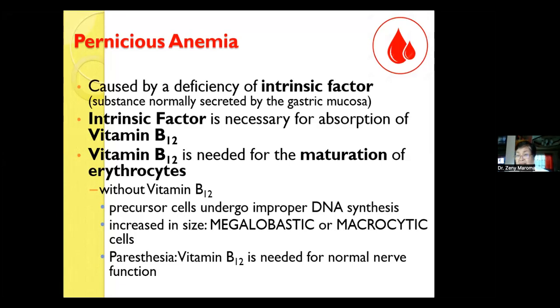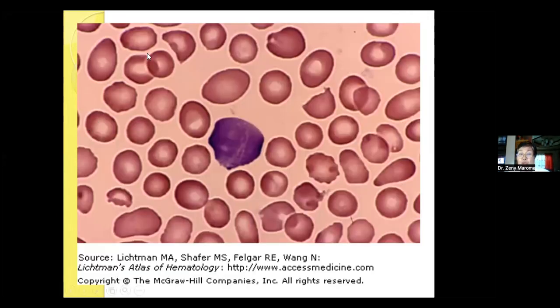Part of the therapy is vitamin B12 in the form of neurobion. Okay? So, ayan yung ating RBC. So, malalaki, megaloblast, tapos hindi buo, premature, and short lifespan.